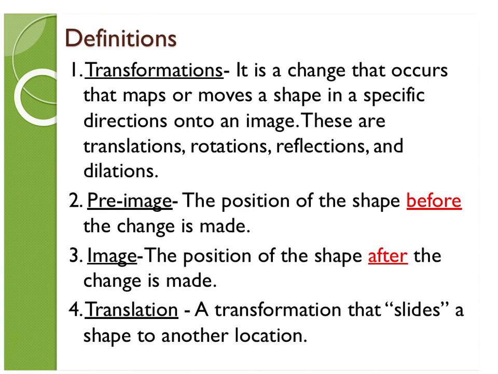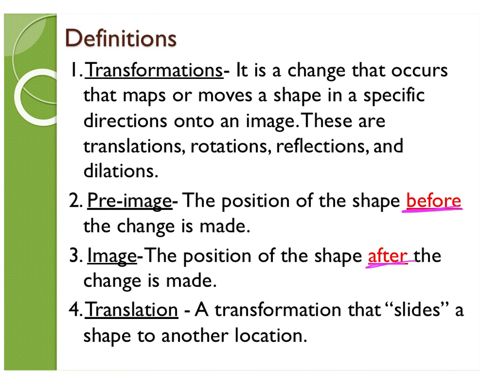These are translations, rotations, reflections, and dilations. Pre-image, the position of the shape before the change is made. So pre-image is before the change is made. Image, the position of the shape after the change is made.